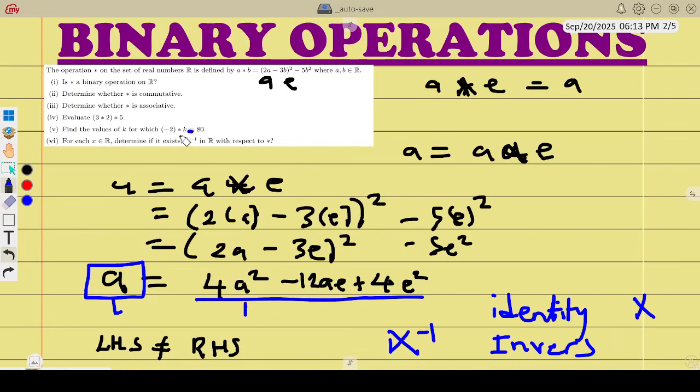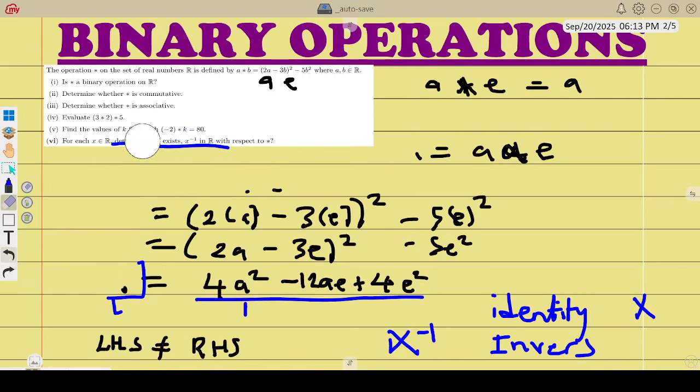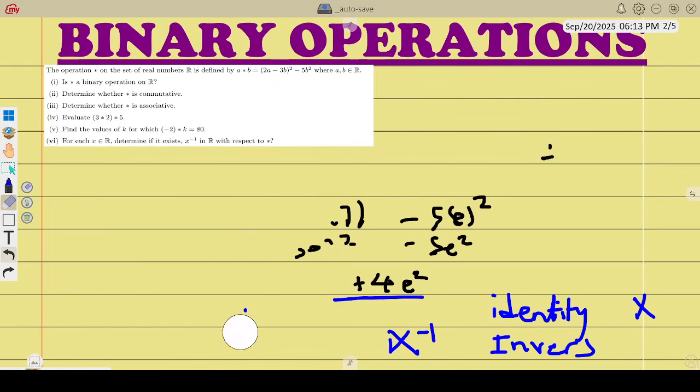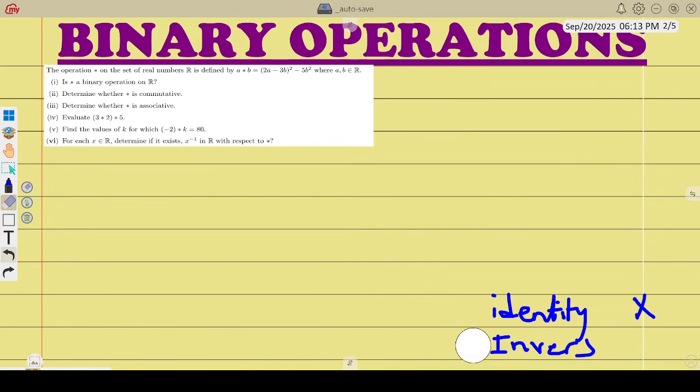So the inverse does not exist. So you even conclude. They said determine if it exists. So if you want, you can even sound fancy, where you say therefore as determined by the solutions above, the inverse does not exist because the identity does not exist on the operation.